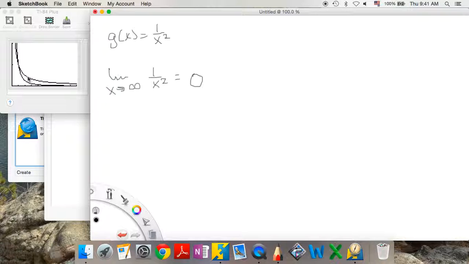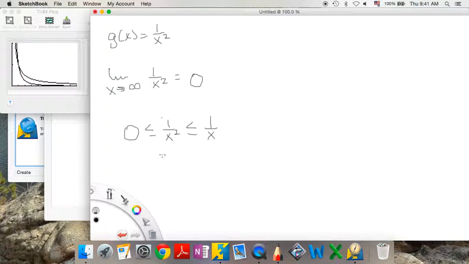So what we see here is as we get out towards infinity, that 0, which is the axis here, is smaller than or equal to 1 over x squared, which is smaller than or equal to 1 over x.